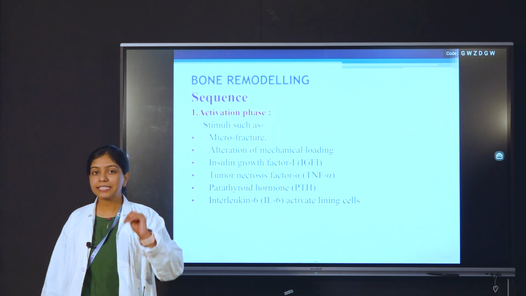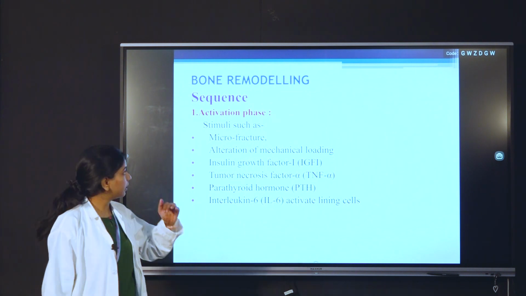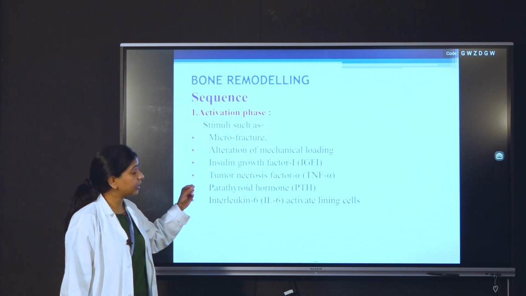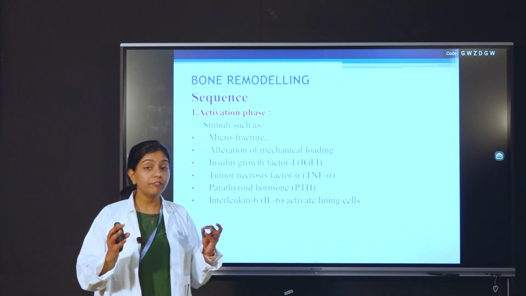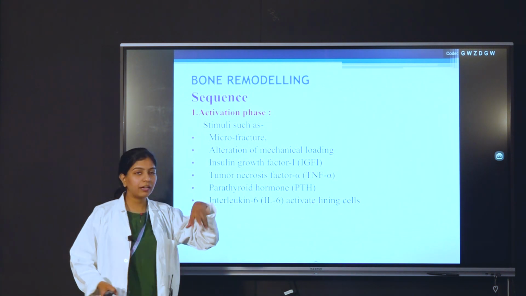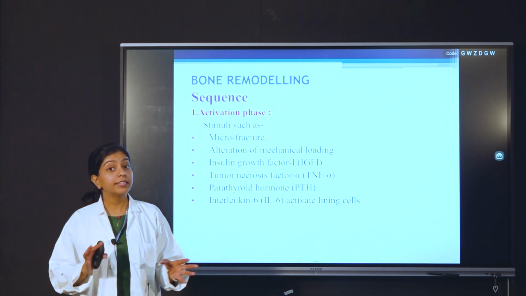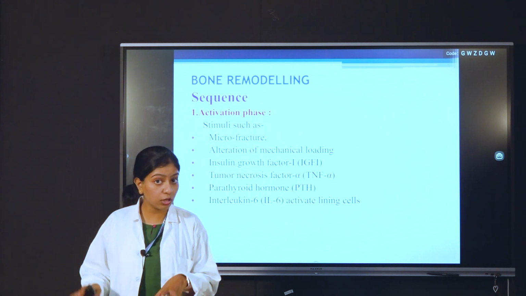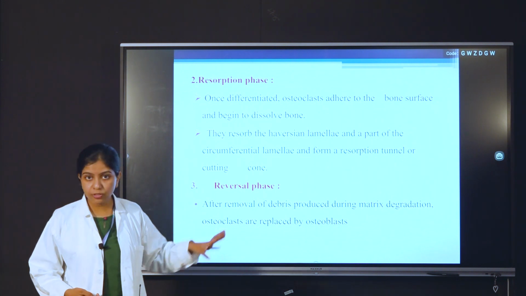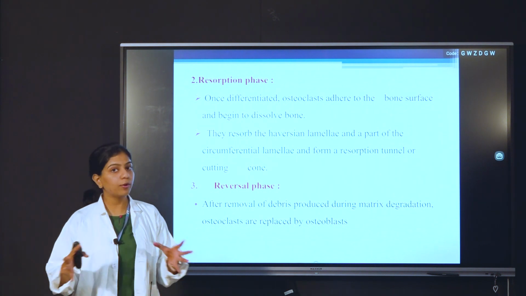There are 4 basic steps in the sequence of bone remodeling. First is the activation phase. Any microfracture or any alteration in mechanical loading will activate the bone remodeling process, and the osteoclast cells, the bone resorbing cells, get activated. Then comes the resorption phase, where the activated osteoclast cells start resorbing the bone matrix.